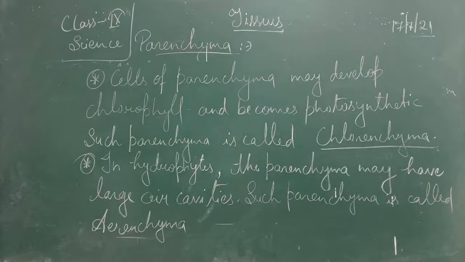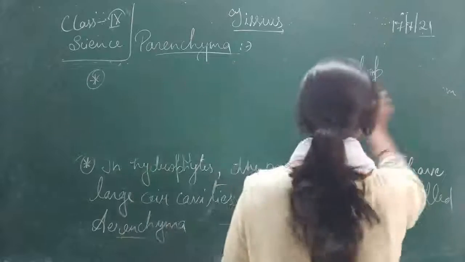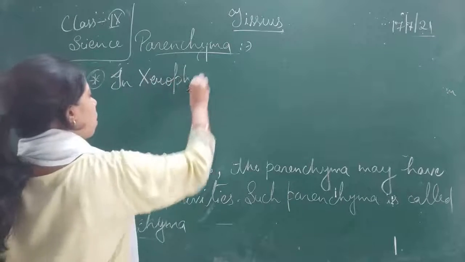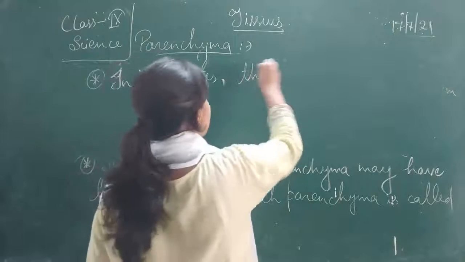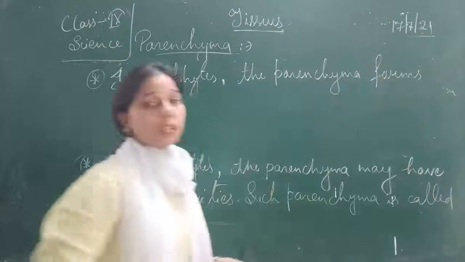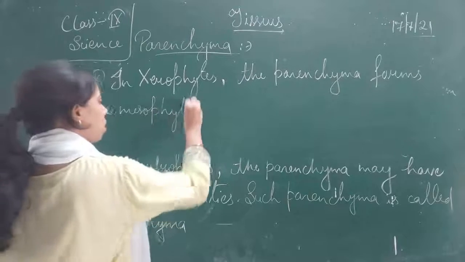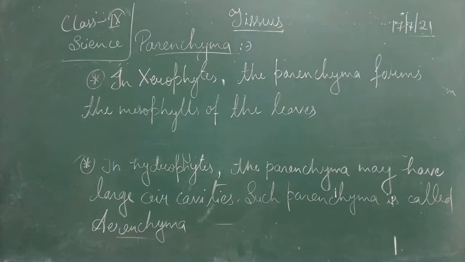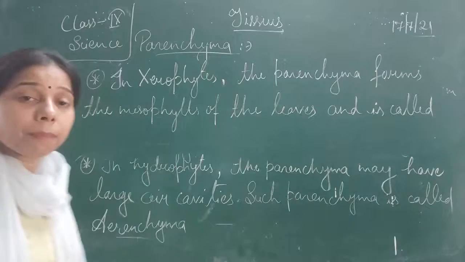So in xerophytes, the parenchyma forms the mesophyll of the leaves and is called spongy parenchyma.